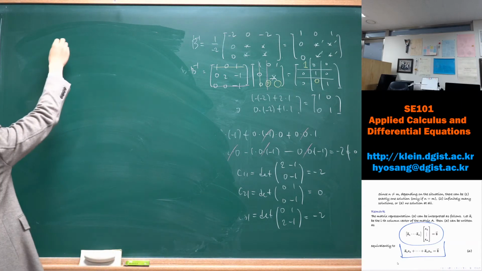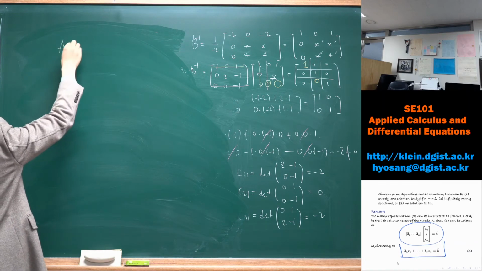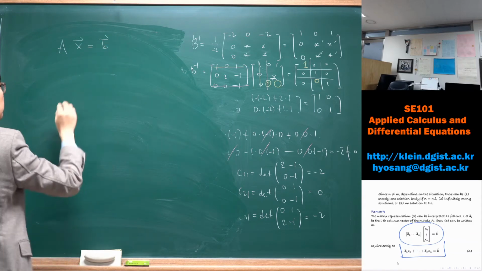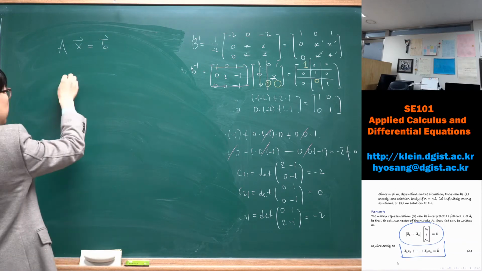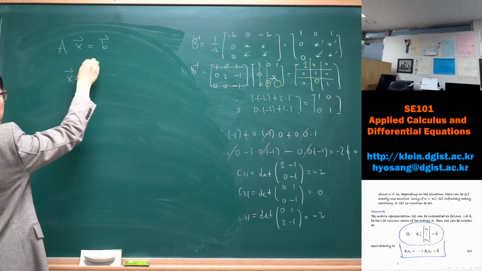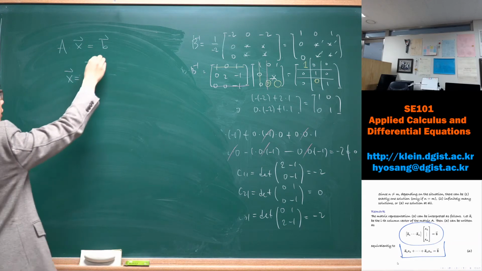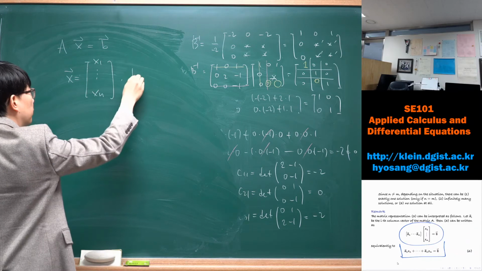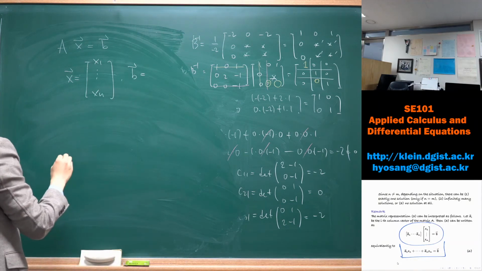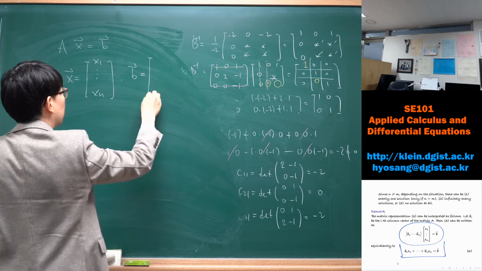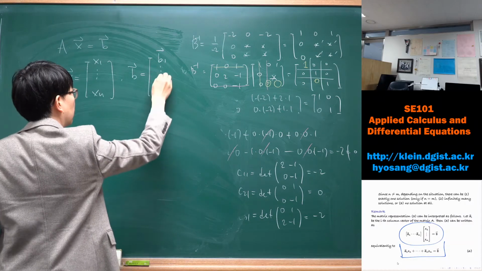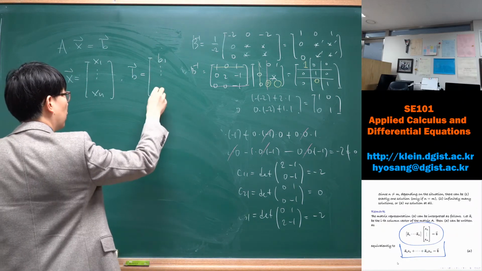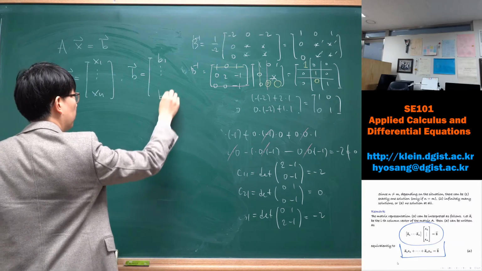So first of all, A times X equals B means that X is a column vector, column matrix with entries up to xn, and B is B1 to Bm.